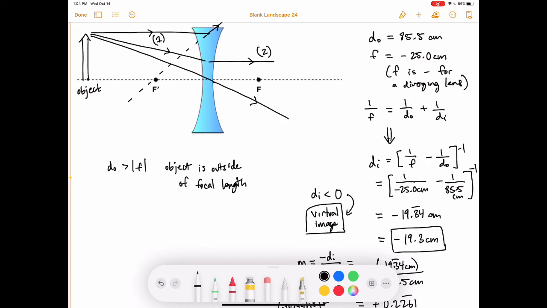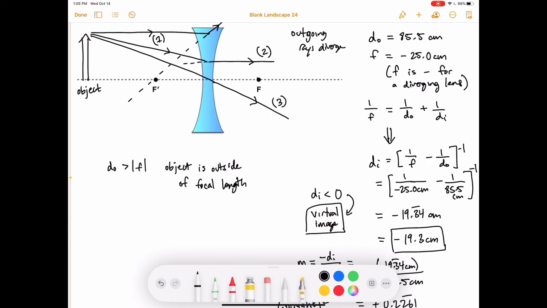Okay, so we can very clearly see that these outgoing rays are diverging. So they're not actually converging at any point, but if we trace them back behind the lens, so here we already have ray number 1 traced back behind the lens. Let's do the same for ray number 2.